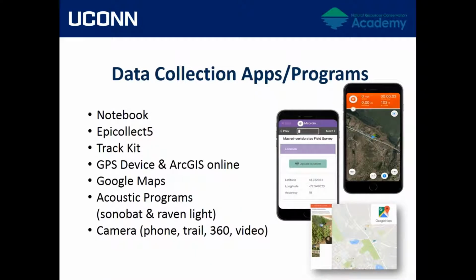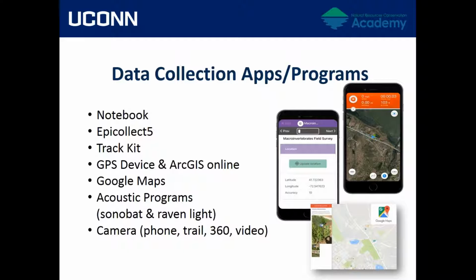Okay, here's just a list of some data collection apps and programs that you might already be familiar with, especially those of you in CTP. Like we showed the picture of before, a good old-fashioned notebook, handwritten, is great for collecting data. You might want to take pictures of your notebook as a backup method though.